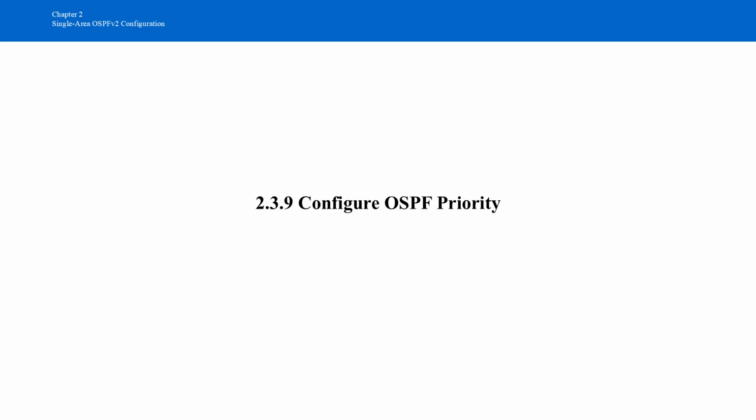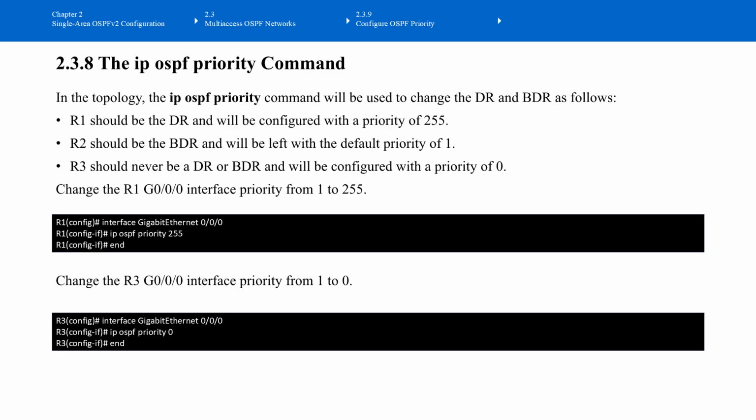2.3.9 Configure OSPF priority. So here we want to control who becomes DR and BDR. For example, we want R1 to become DR. In the global configuration mode of R1, first you enter interface gigabit Ethernet 0/0/0.